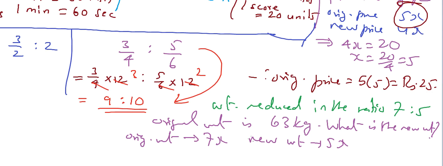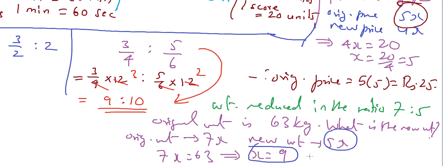But it's given the original weight is 63 kg, which means 7x equal to 63, which means x is equal to 63 by 7, which is 9. Now we know the value of x, we can find the new weight. New weight is 5x. So the weight after reduction, or the final weight, is 5 into 9, so 45 kg.